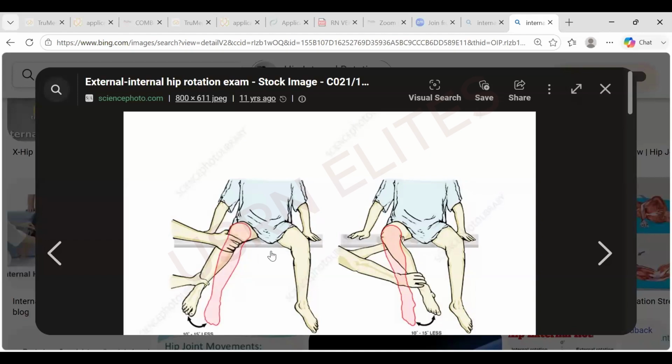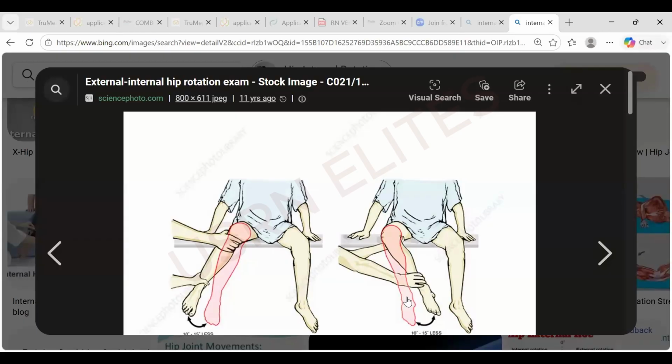And once the hip comes out of the socket, we call it what? Dislocation. If we move the leg externally, once we have external rotation, we are going to have anterior dislocation. Is that understood?